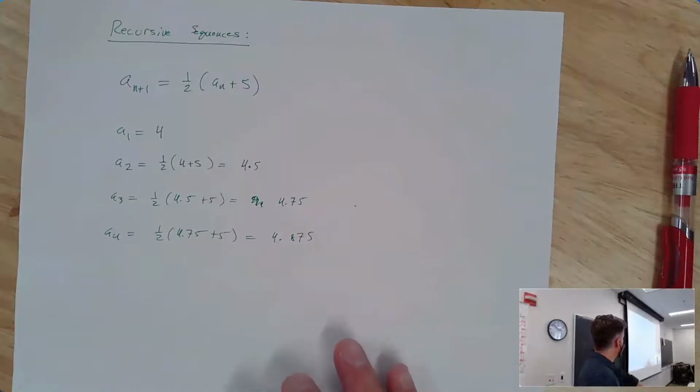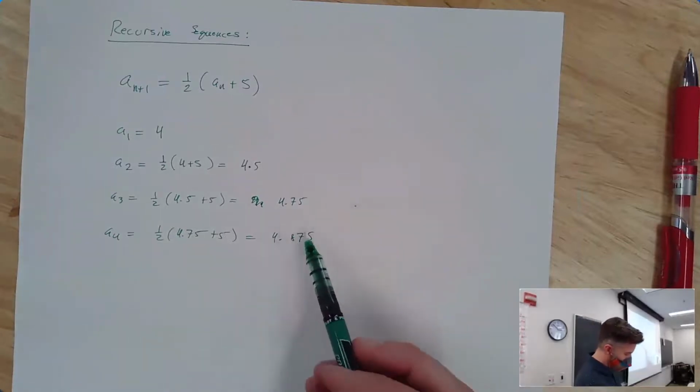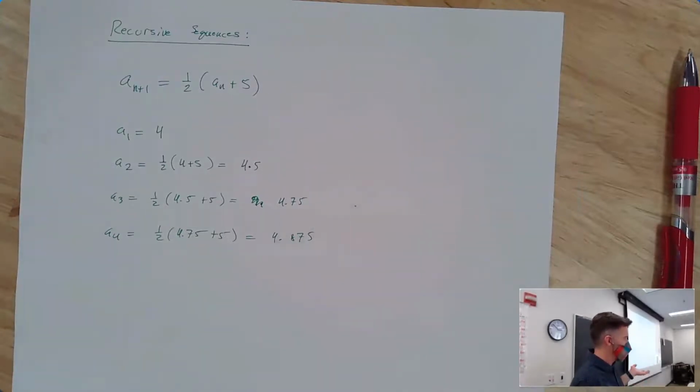But the idea here is that we can kind of see it looks like we're getting closer and closer to something. So if this were to converge, meaning if we were to get close to one particular value, then if we plug that value in, we should get that value back.